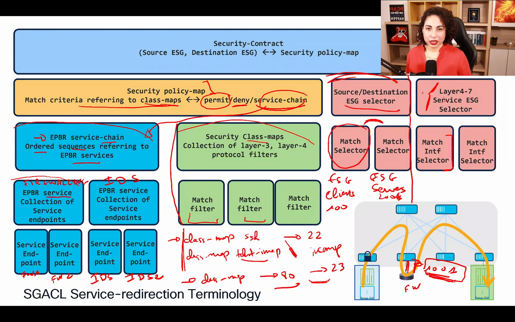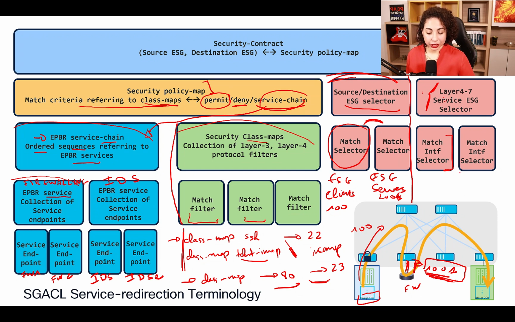Actually, what we are going to see is that at some point inside that traffic flow, we are going to do what is called the swapping of the ESGs, meaning that when the traffic is sourced from this endpoint, it will have the tag 100 that we see here. It's very small, but I hope it's readable. It will be redirected to the firewall and come back through the interface 1001.